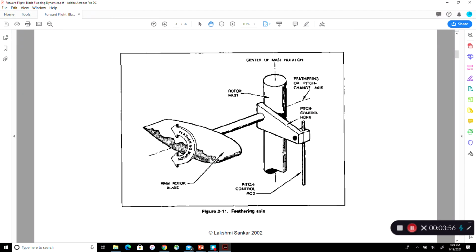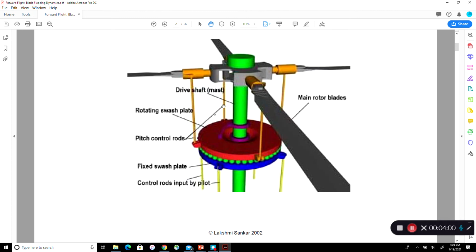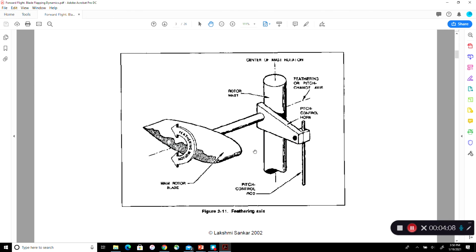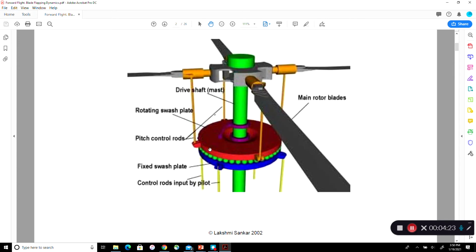Another way of looking at it is, this is the pitch control rod, which I have shown here. This yellow looking rod here is moving up or down. Then it rotates the blade up or down. So this is in front of the pilot. When the pilot tilts the swash plate up in front of the pilot, this disc is going up.